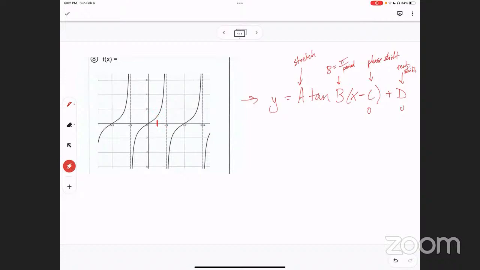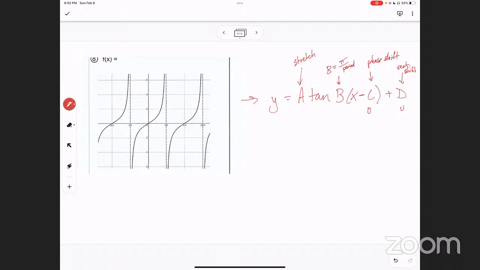That's how you can tell if there's a stretch or not. Go halfway between the 0 and the asymptote, and then go up to 1. If you have to go up higher than 1, then that's a stretch. If you have to go up less than 1, then that's a compression, which means a would be a fraction, like 1/2 or something. Follow what I'm saying there?